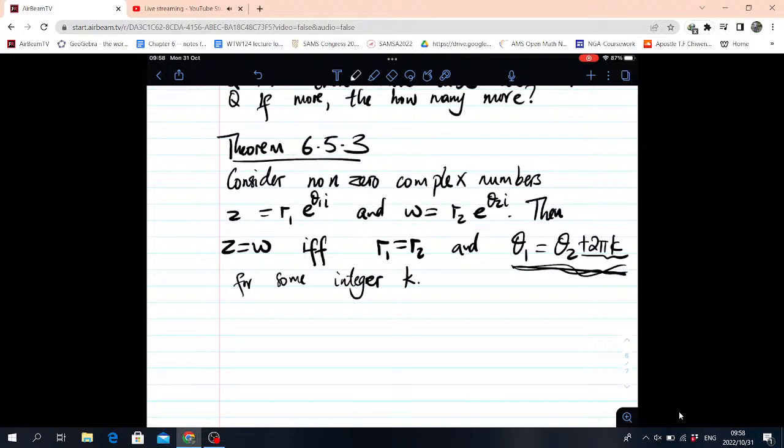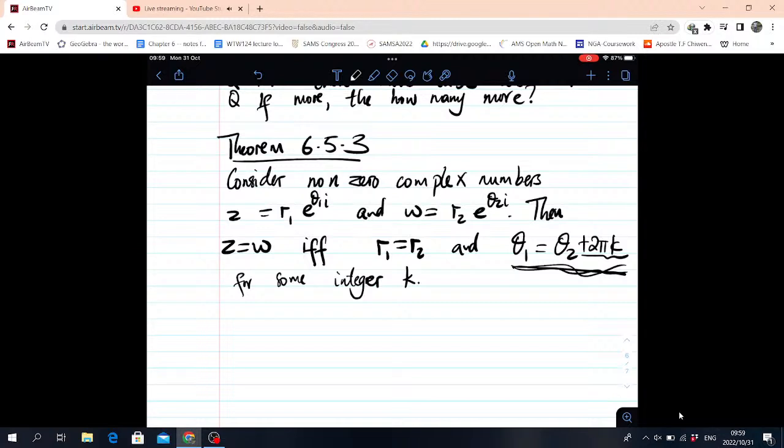If you're talking of the principal argument, then you've got restrictions. But if you're just talking about any argument, then you're going to have infinitely many of these angles or arguments, right?